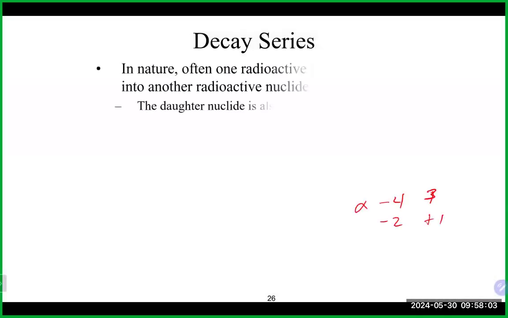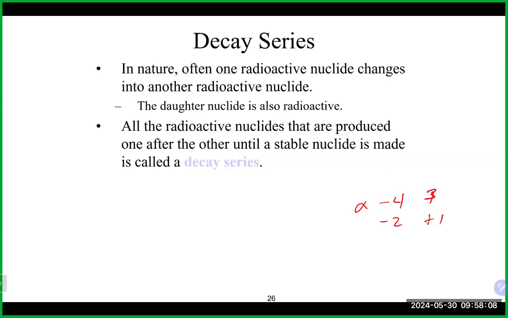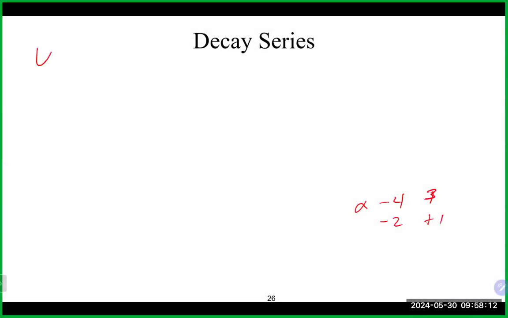So just to show you how this goes here. Let's just say we had uranium 238, and that is number 92 down there. And let's just say this went through an alpha.